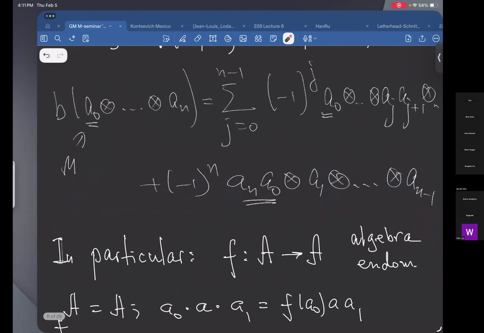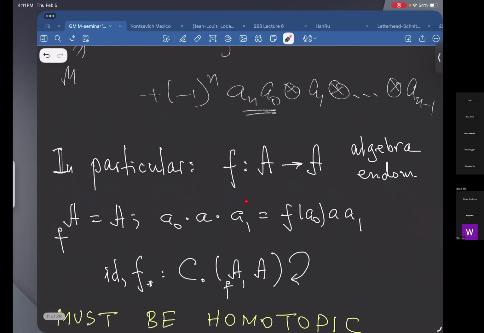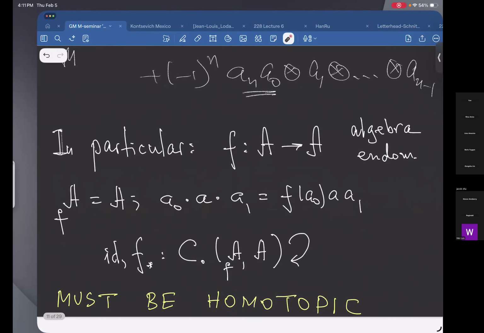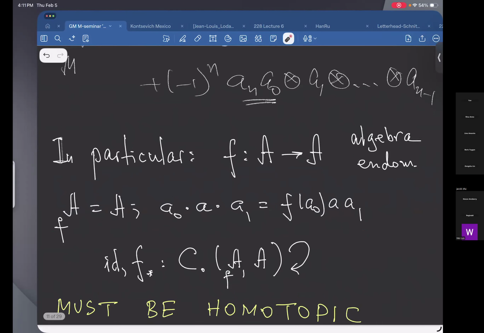In particular, as Jan said, let this be an algebra endomorphism, then it defines a bimodule by this formula. Of course, we know that the probably more correct version of morphisms of algebras are bimodules, but let us consider those special bimodules.